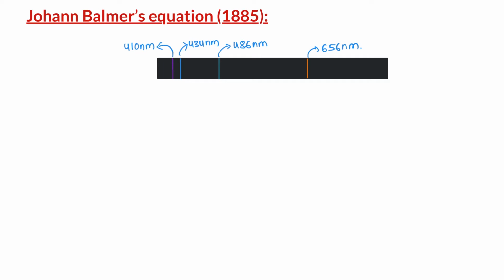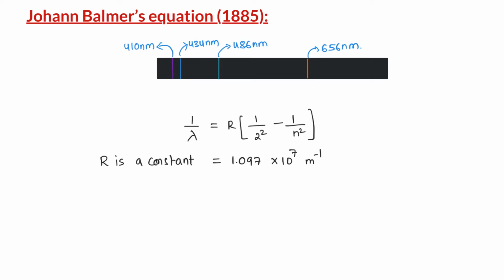The relationship was the following: 1 over lambda is equal to R times (1 over 2 squared minus 1 over n squared), where R is a constant, its value is equal to 1.097 times 10 to the 7 meter inverse, and n is an integer value greater than 2. It can have values from 3, 4, 5, 6 and so on.